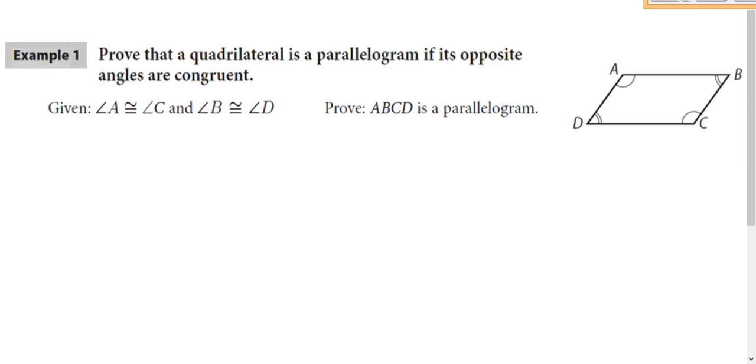We're going to look at another one of those theorems. We're going to go through the proof of that as well. We are given angle A and angle C are congruent, angle B and angle D are congruent. We're going to prove it is a parallelogram.